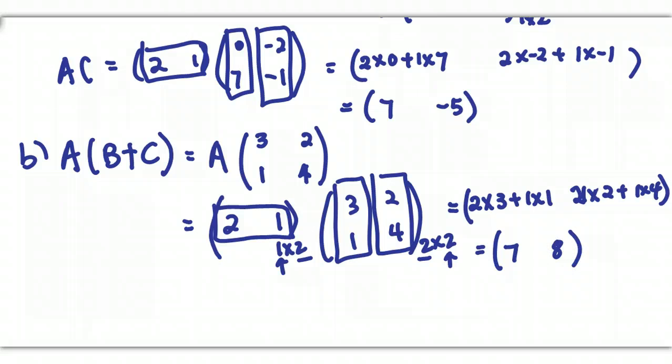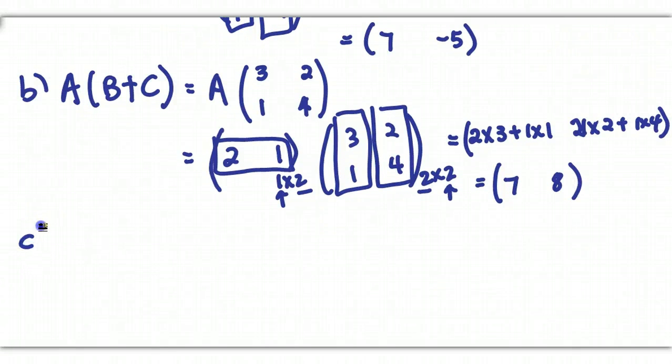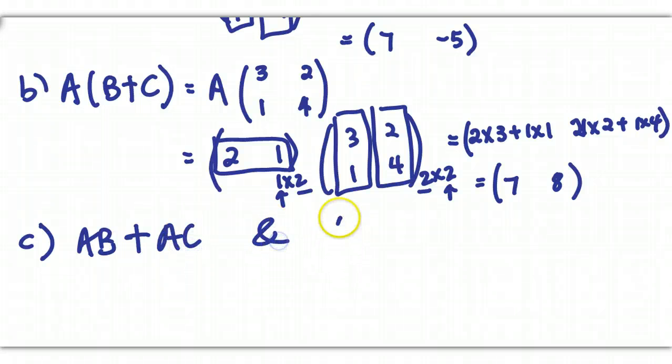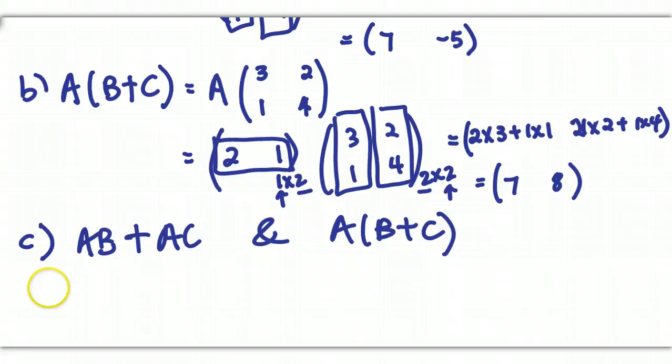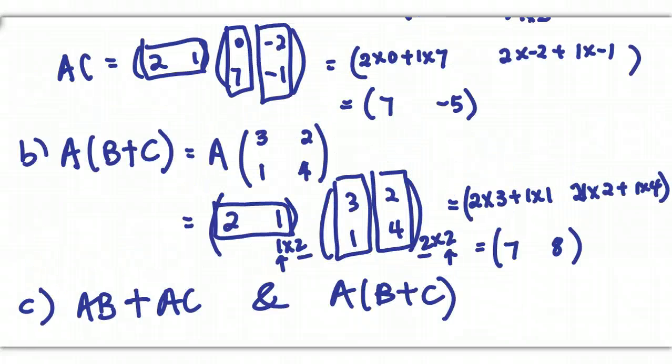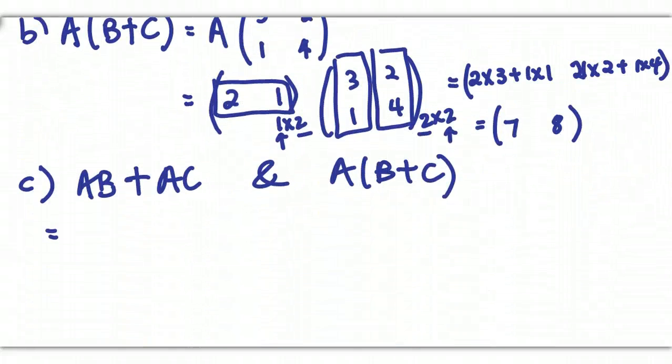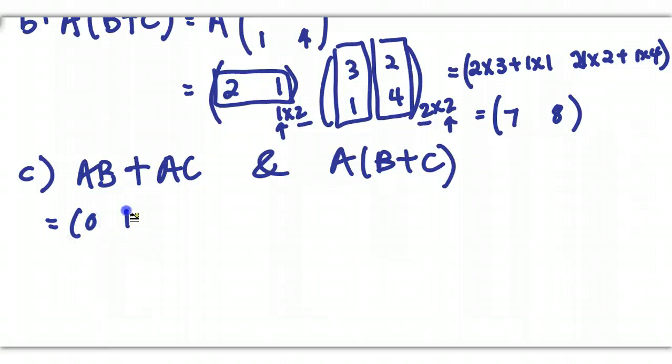Then in part C, you are asked to find the relationship between AB plus AC and A times B plus C. Already you can make an intelligent guess what the relationship is, but just to make sure, we will work out what AB plus AC is. We recall AB is 0, 13.